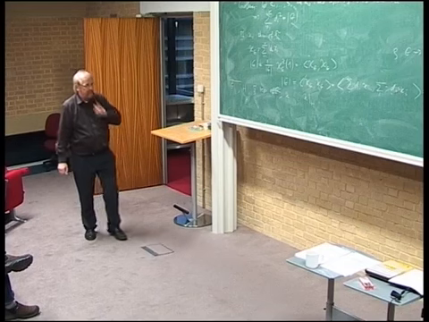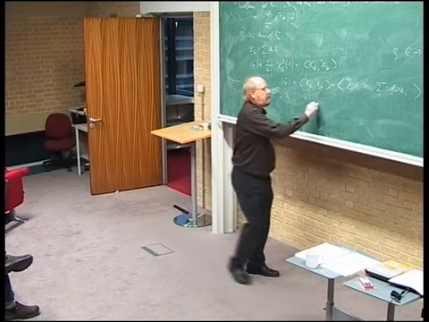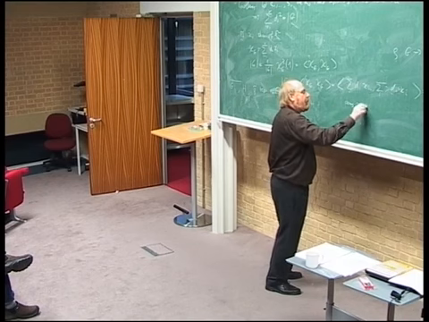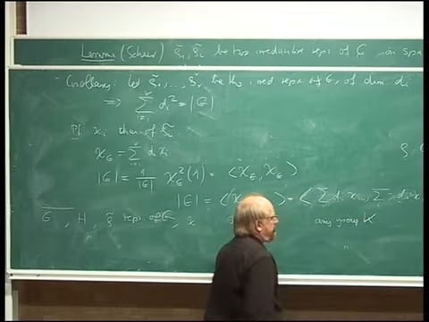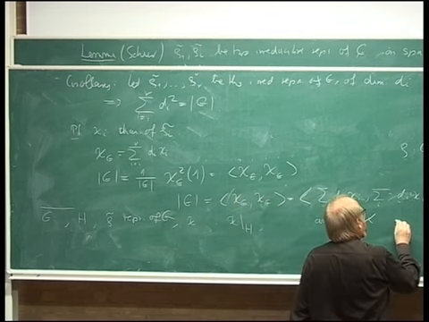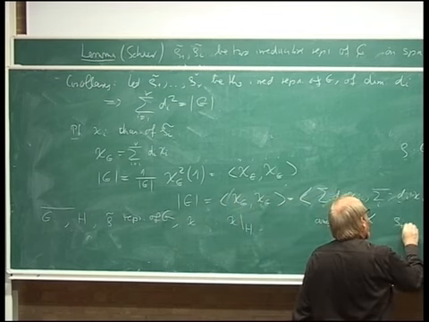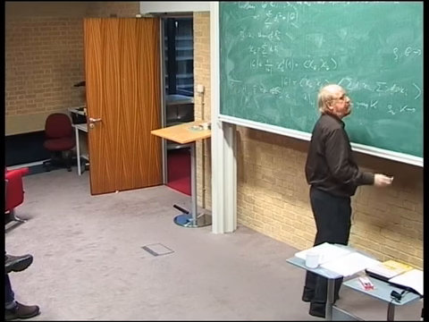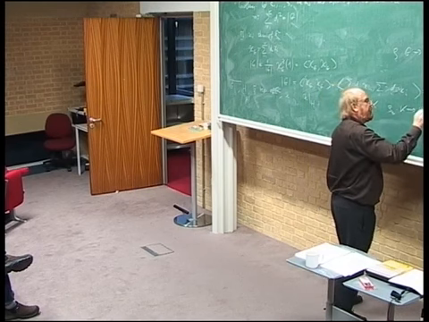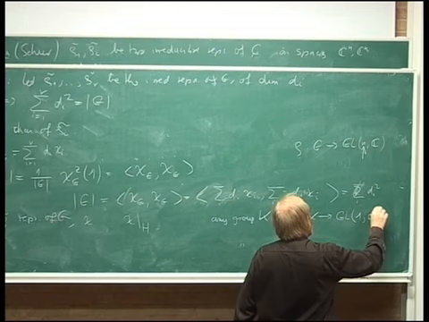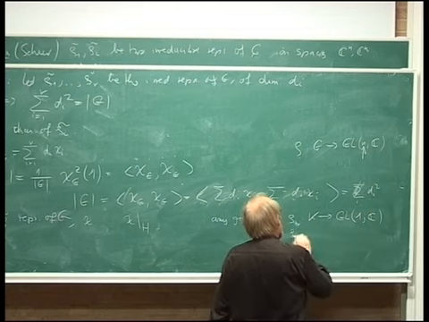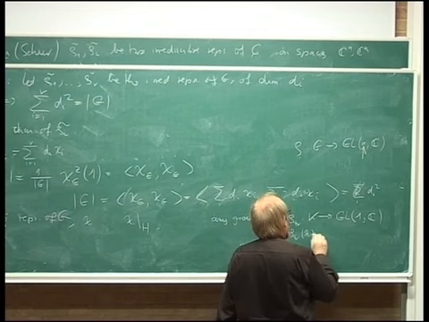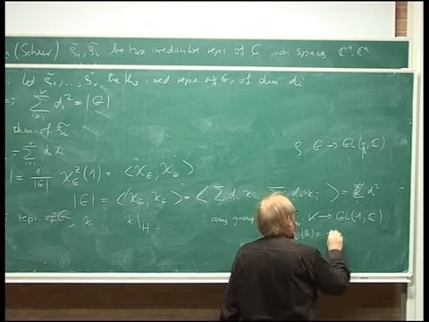Now I can do the following. For any group K, I define a map rho trivial from K to GL_1(C), where rho trivial of little k in K is equal to 1.